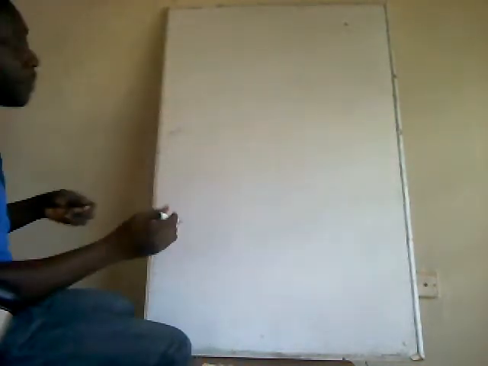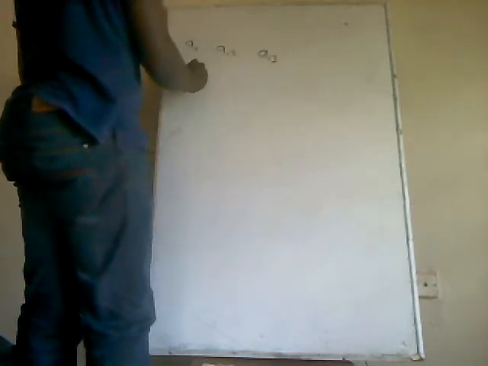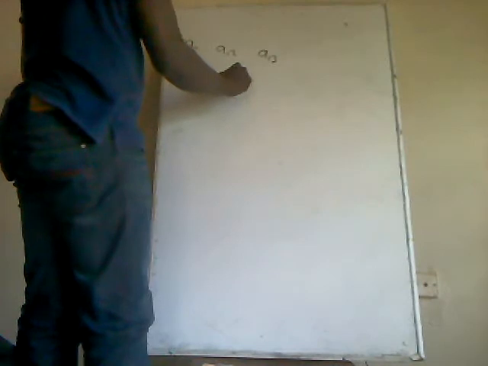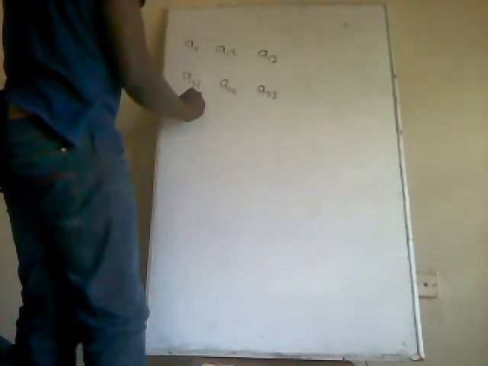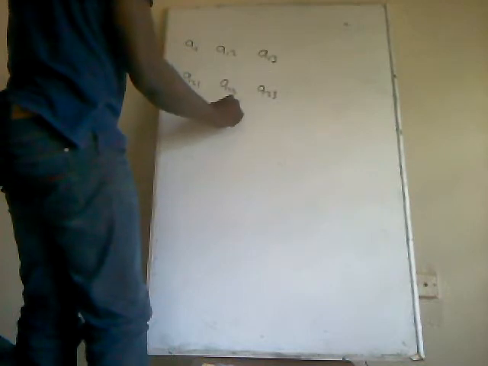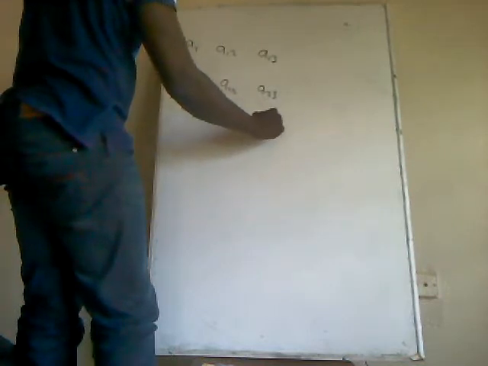For a 3 by 3, A11, A12, A13, A21, A22, A23, A31, A32, A33.